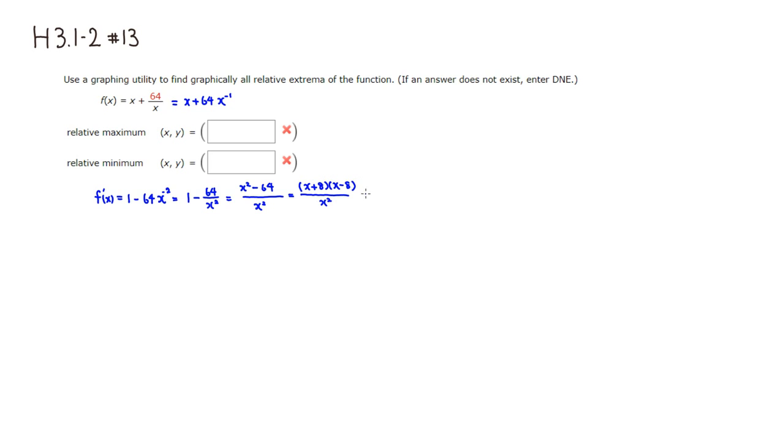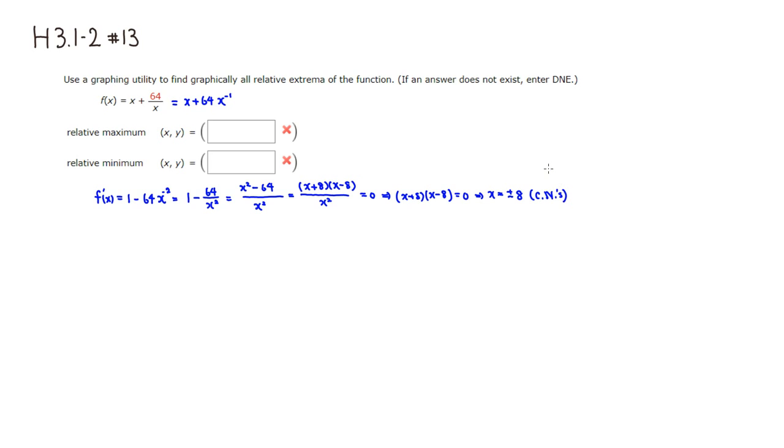Then we set this equal to 0. We set the numerator equal to 0, so x plus 8 times x minus 8 is equal to 0, which means we have critical numbers x equals plus or minus 8. So these are critical numbers.